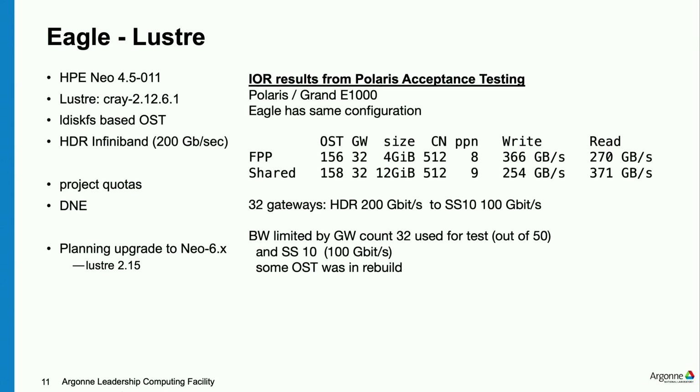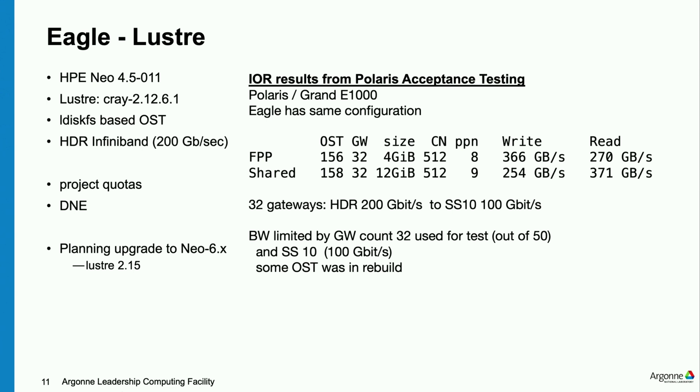The test ran on almost all compute nodes, 512 out of 560, and used almost all OSTs. Total is 160. So results are 366 gigabytes per second write, read is 270, and shared file has some smaller values.